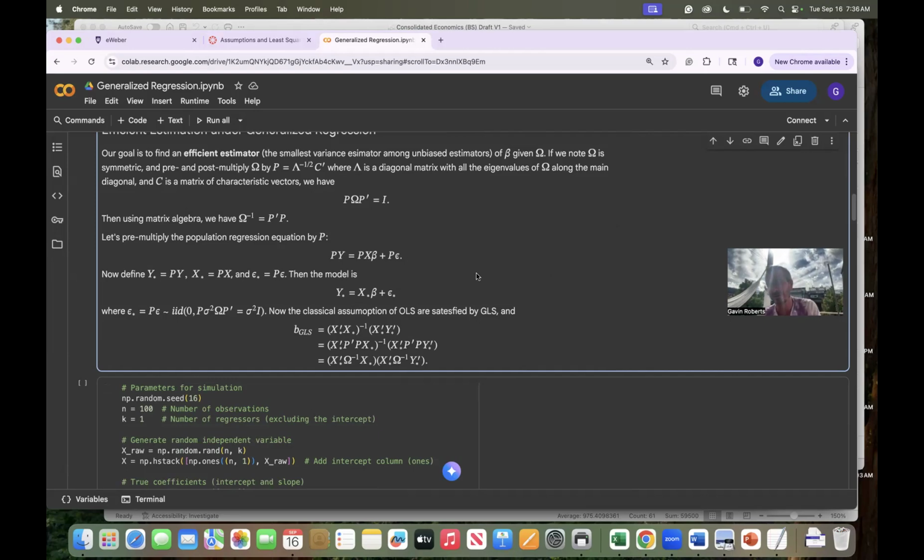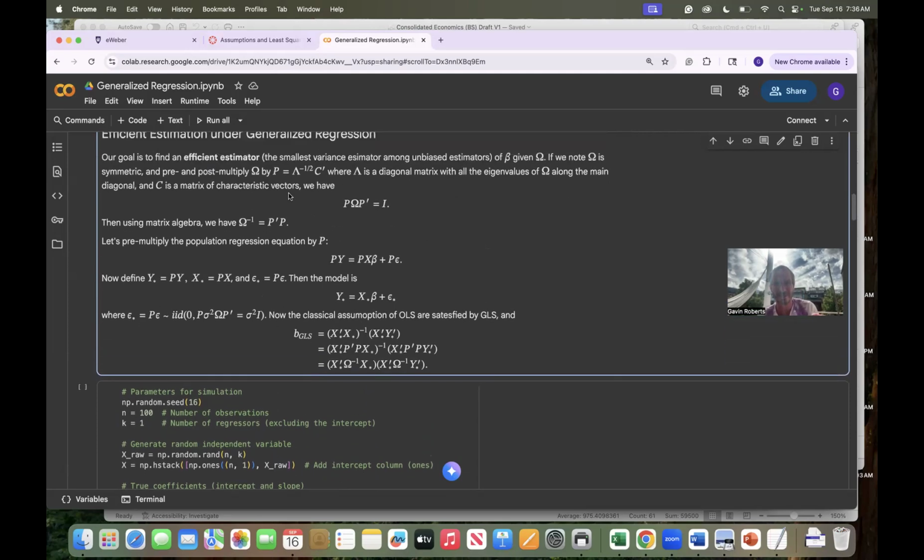Again, I'm not going to press you hard on this, because it is a pretty complicated thing. After this definition, we can use matrix algebra to show that the inverse of omega is P prime P. That results essentially from this definition. So we make this matrix to give us this nice characteristic.